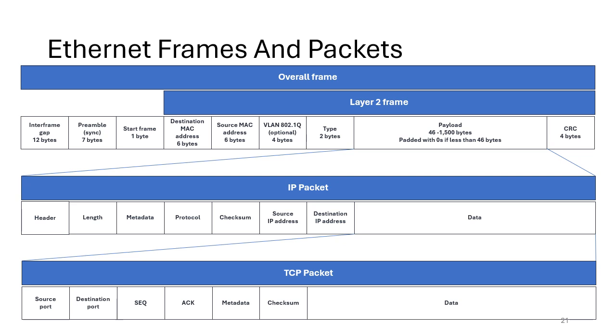So first of all, we have a 12-byte interframe gap between messages. That's used to give the electronics time to process the previous message, settle down and wait for the next message. We then have 7 bytes of preamble or synchronization, where the sending device sends a certain set of bits and expects the other device to see those bits and synchronize the clock, and then start to expect to receive a message.